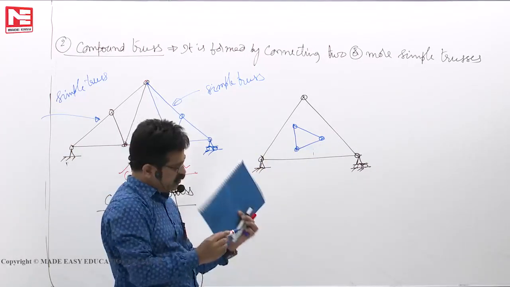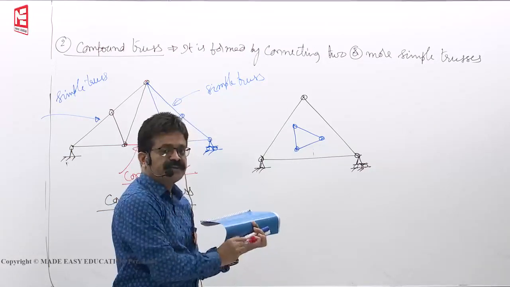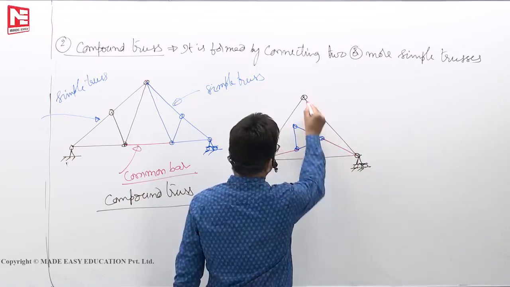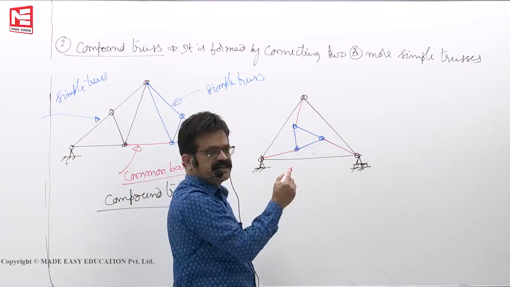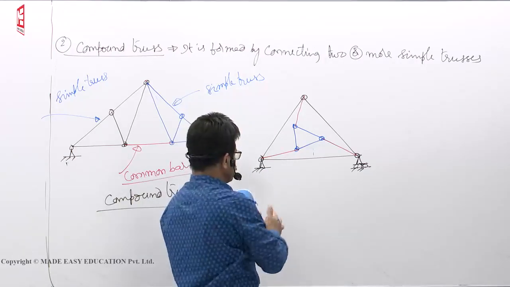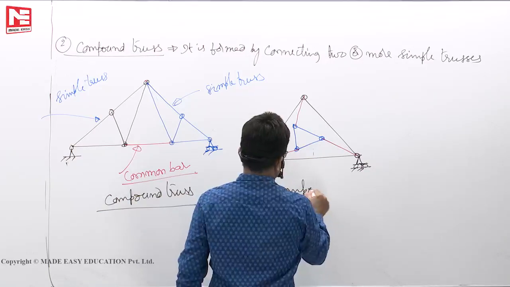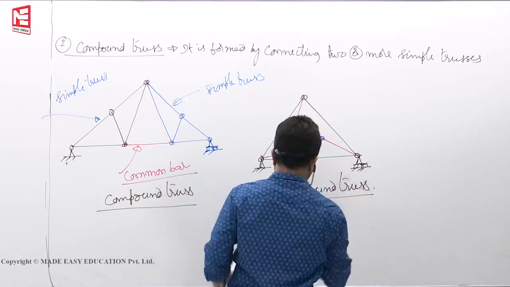Blue color one is another simple truss. These two trusses can be connected by three bars. 1, 2, 3. Like this you connect, say, two trusses. Then it becomes a compound truss.